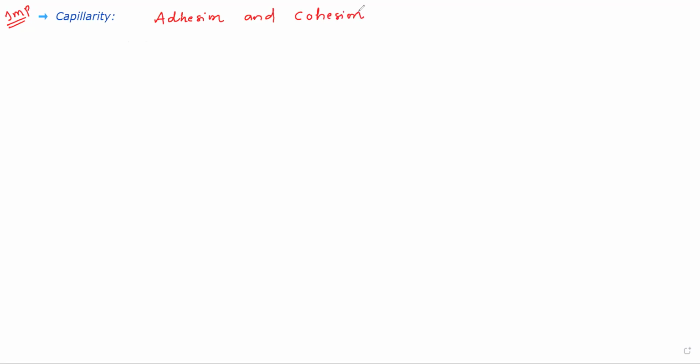So coming to capillarity, this is point number 1: if the liquid has greater adhesion, meaning adhesion is greater than the cohesion, then the liquid will wet the solid surface, right?